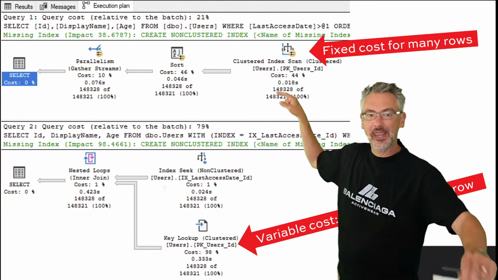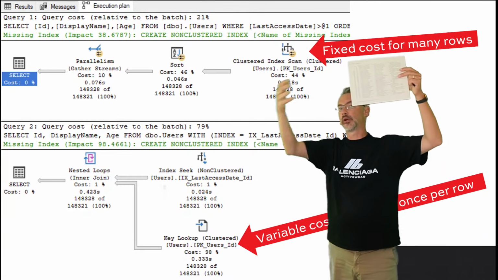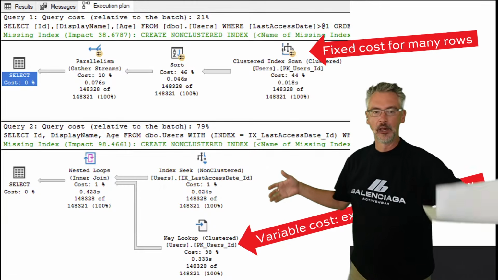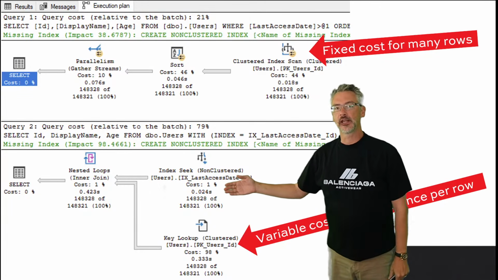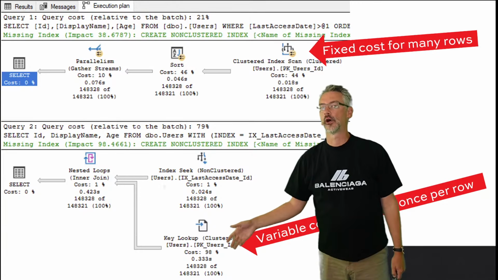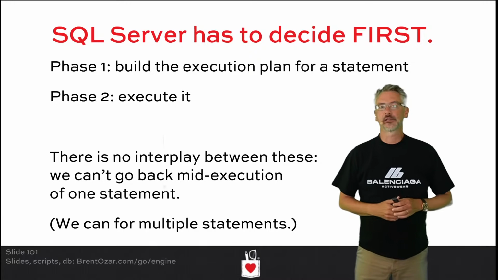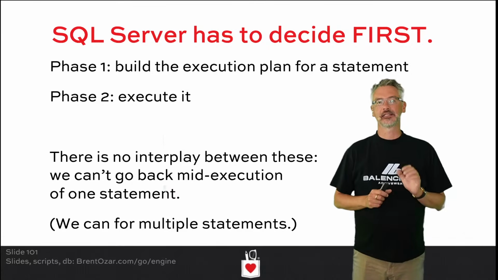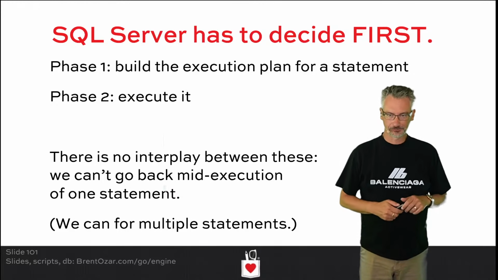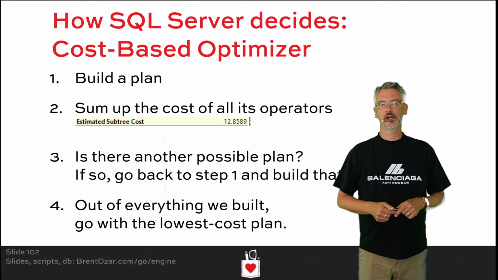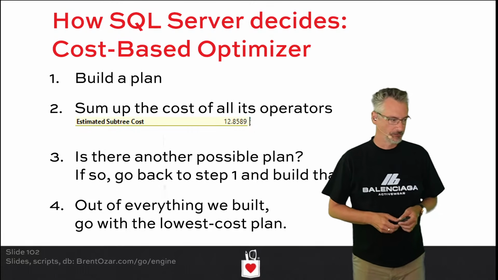With each page that we read, we have a bunch of rows on here. We can get all the stuff off of them in one fell swoop. Whereas here, every time we find a row, we have to do a handful of page reads to go find that one row. SQL Server has to make this decision first without looking at the data inside the tables. SQL Server figures this out via something called a cost-based optimizer.